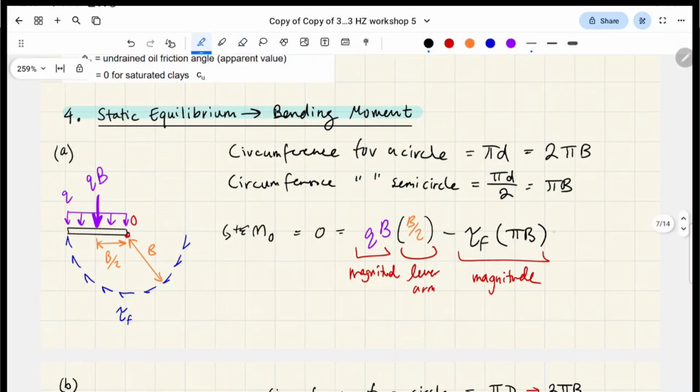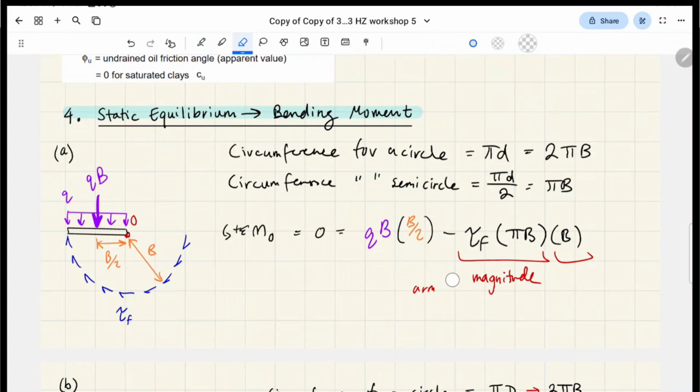So the width also acts as our lever arm, because you can think of these stresses as mini forces wrapping around in a semicircular shape, right? And the entire way, the lever arm to that force is just going to be the radius, or our b in this case, right? So that's our lever arm there, right?